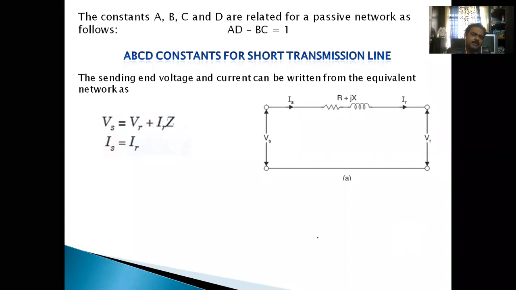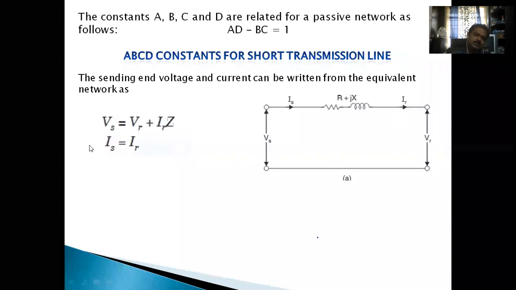If we write the equations, sending end voltage is equal to receiving end voltage plus IR into Z. Z is the total impedance of the transmission line, R plus jX. In magnitude values, Vs is equal to VR plus IR into Z. Similarly, if we relate the sending end current and receiving end current, since everything is connected in series, the sending end current is equal to the receiving end current.